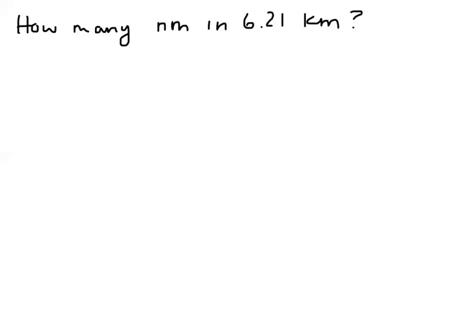Big or small answer? Big. Nanometers are super small. Kilometers are just over half a mile. So you're going to have a lot of nanometers in a kilometer.